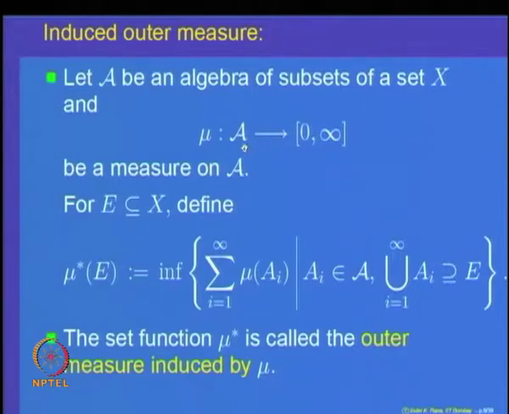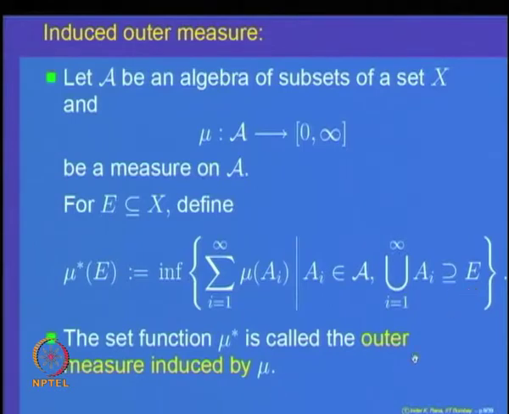So, we try to find the size of any set by looking at sizes of sets in A. Take any set E, cover it by elements in the algebra A, and look at the sizes mu of A i. Take the summation; this gives an approximate size of the set E. Look at the smallest possible of these numbers, call it the infimum. So, mu star of E, the induced outer measure, is defined as the infimum over all these summations, and these summations arise from coverings of E.